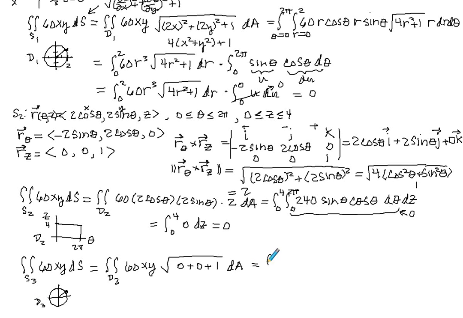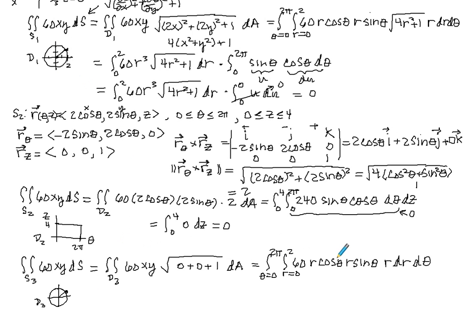So this is going to be the integral of 60, and then x we change to polar, so that's r cosine theta, and then y is r sine theta here, and then this is just 1, so we don't need that, and our area element is going to be r dr d theta, with r going from 0 to 2, and theta going from 0 to 2 pi. Like it was up here.